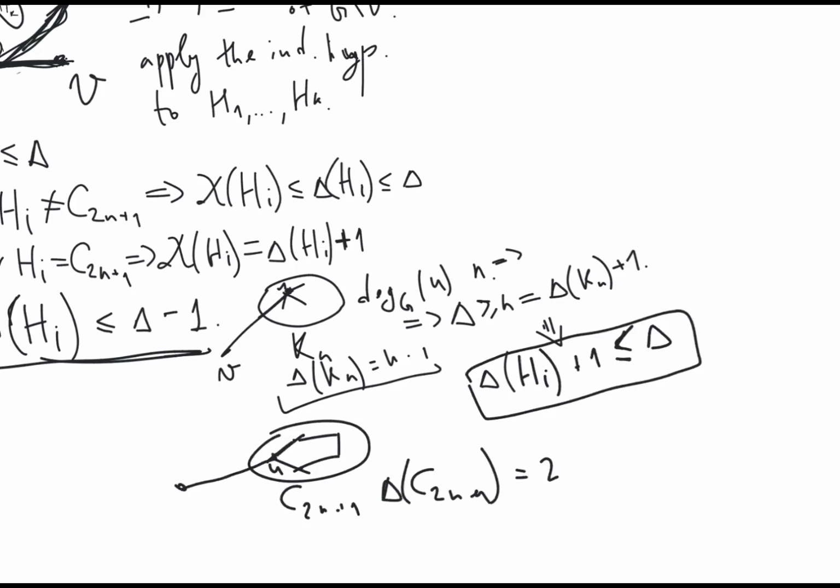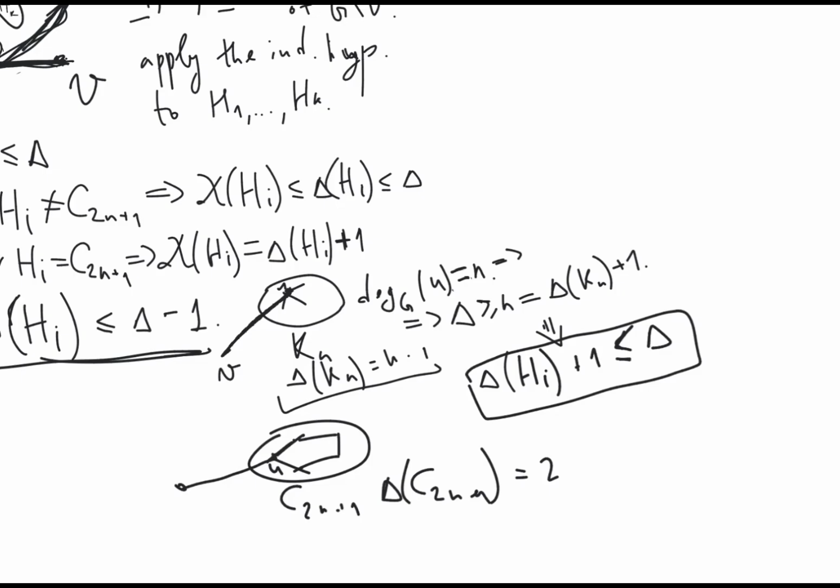Not exactly n, it might be even more, but it's at least n. Oh no, I think it's exactly n, because there is nothing else for it to be connected to. It's a connected component in G minus V, and the only vertex to which it can become connected is the vertex V. So it's exactly n.